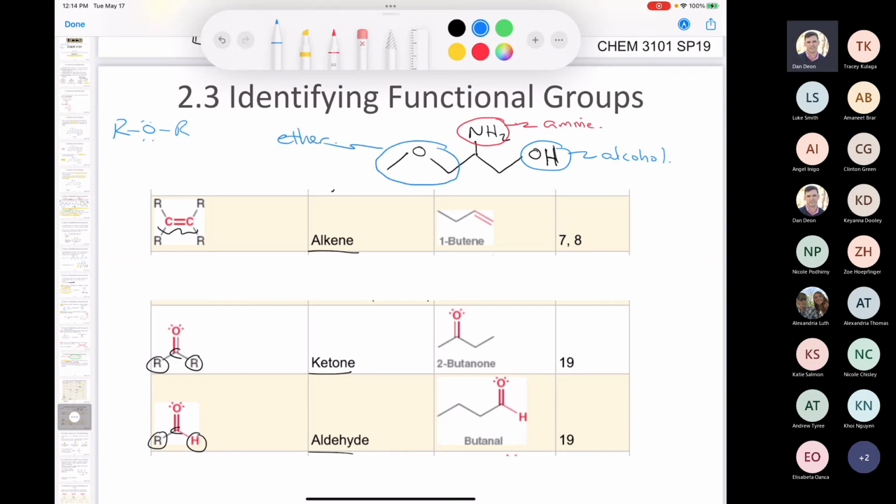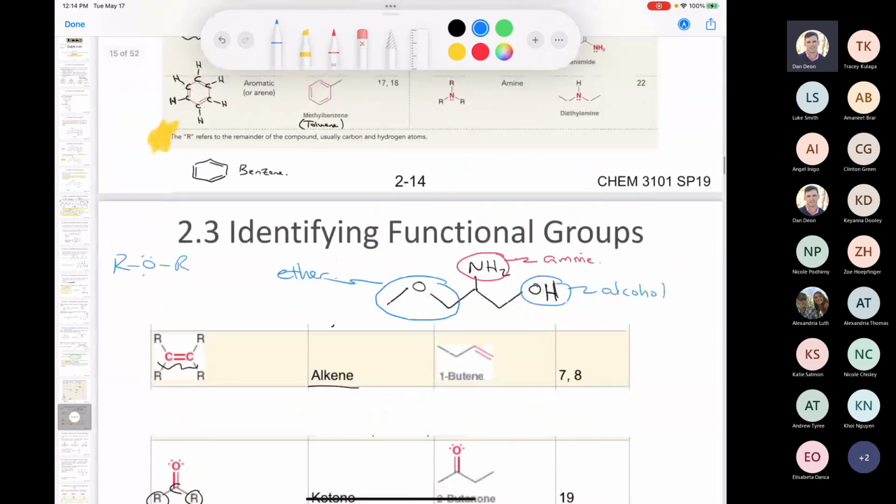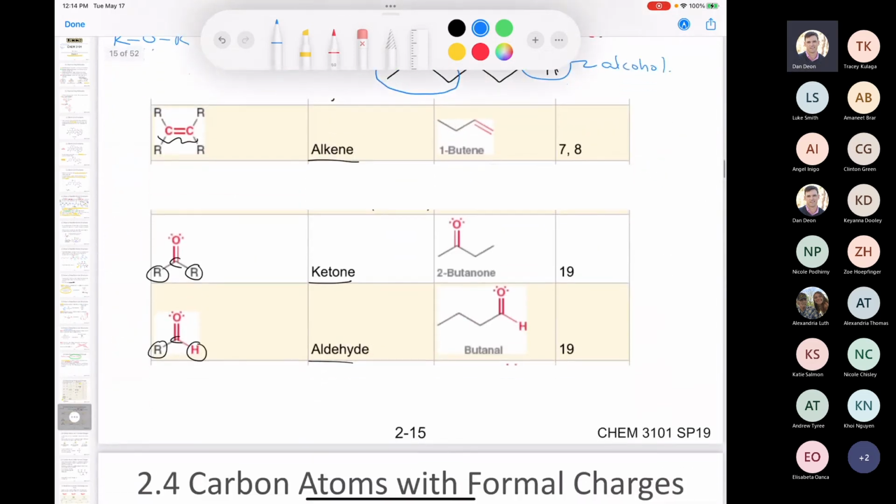Not easy. Okay, before I move on from here, I've got one more thing to tell you about functional groups, and that is what's called a carbonyl. And you want to write this down: a carbonyl is when you have a carbon with a double bond to oxygen in it. A carbonyl group is found in many functional groups.